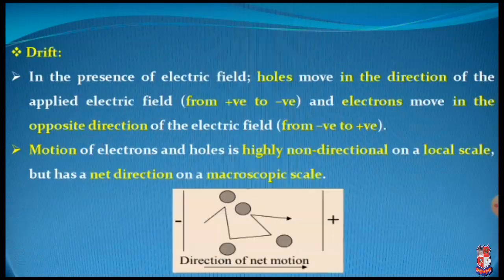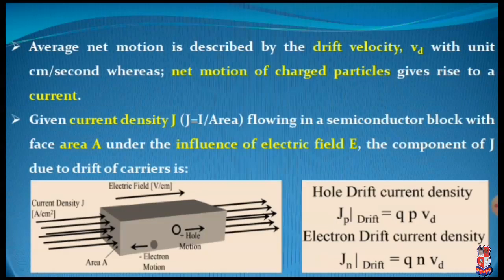Drift means, first of all, this electron was in a steady state. As soon as the electric field is applied, it is diverted from its original position, that means it has drifted, with a unit of centimeter per second, and the net motion of charged particles gives rise to a current.